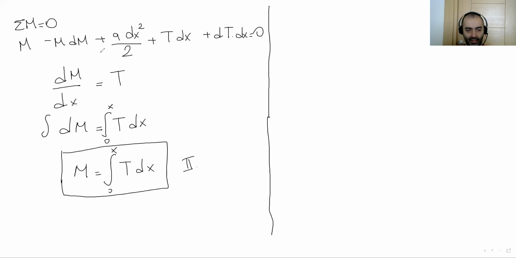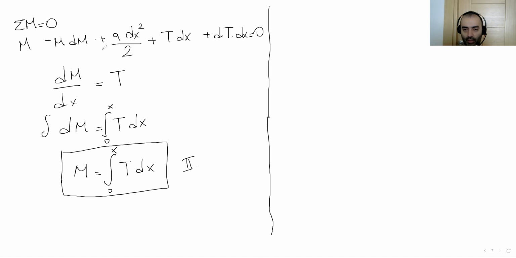What we understand from here is that integral means the area calculation, basically. You might know this from high school knowledge. According to this second equation, if I have a shear force diagram, T diagram, and I calculate the area of this shear force diagram, I can draw the moment diagram easily.